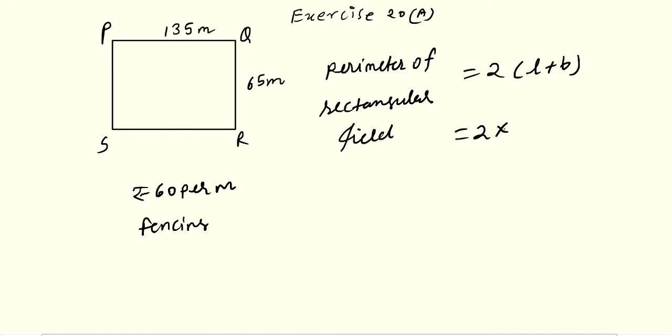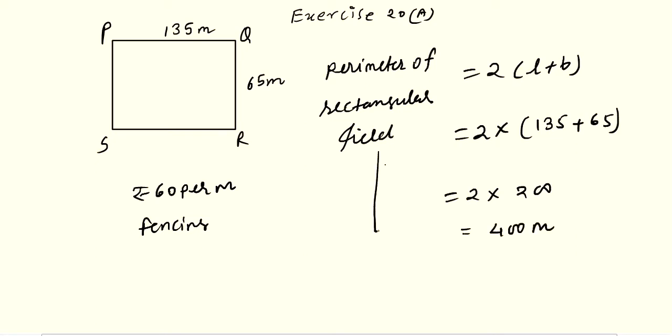So 2 into (135 plus 65). Adding, this is 200. So 2 into 200 is 400. So the perimeter of that rectangular field is 400 meters.